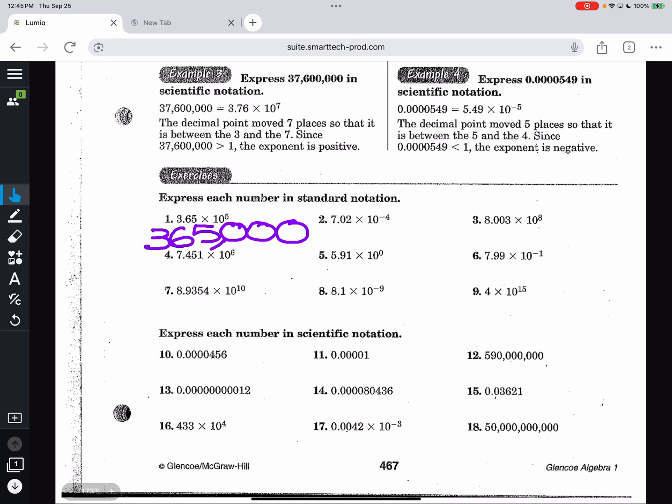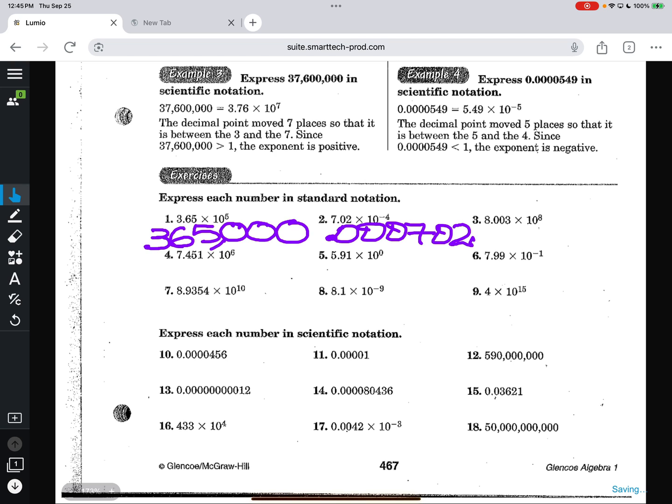So then you do number 2. How many zeros are we going to put? 3. And are we going to have a whole number or a decimal number? Decimal. And so we're moving it 4 places, but we already have a 7 over there. 1, 2, 3. 7.02.